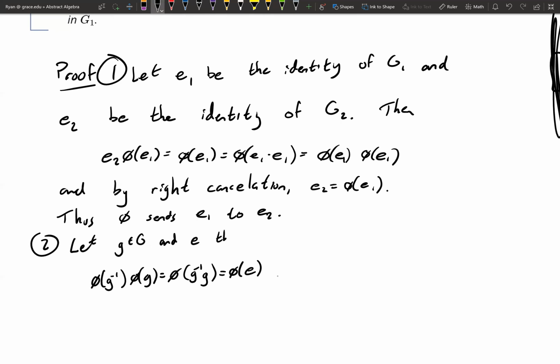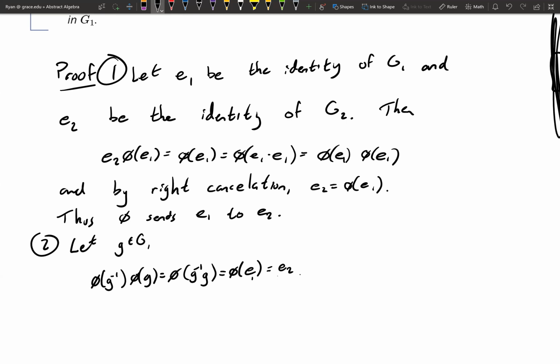The identity of G. Or I've already introduced it. Sorry, I'm all over the place today. Just call it E1. Then that's equal to E2 by the last part.